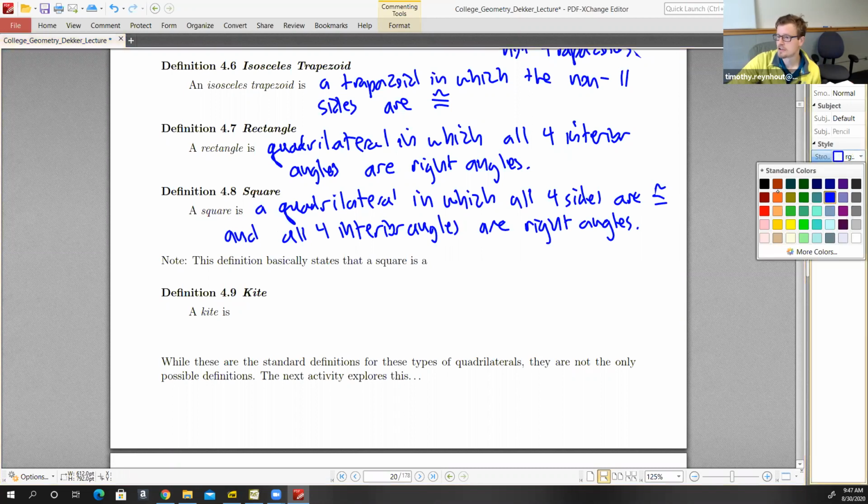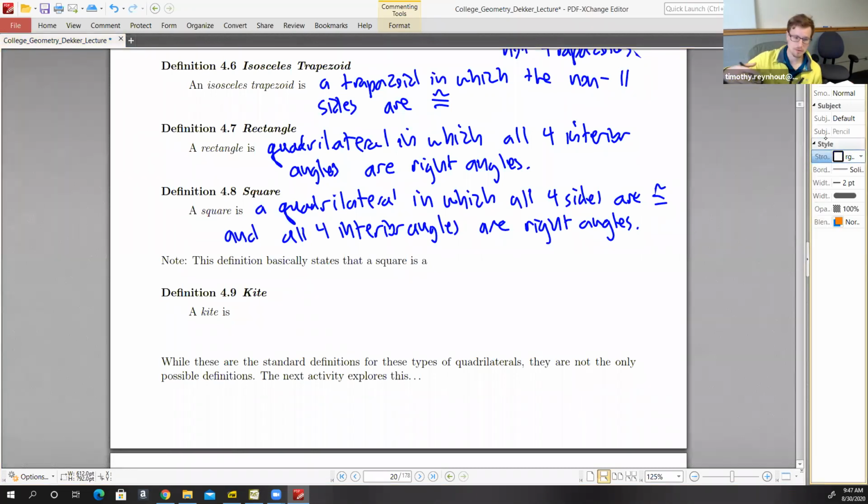Excellent. So we can observe that if all four interior angles are right angles, then it has to be a rectangle. But if all four sides are congruent, that tells us that it's a rhombus.